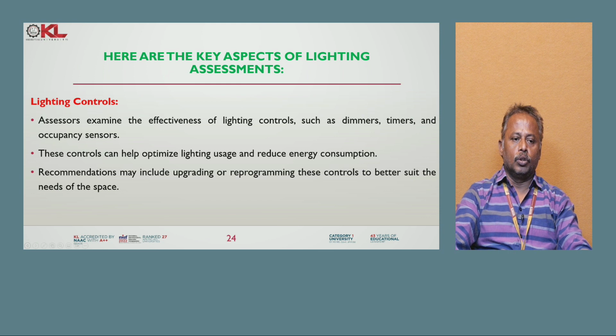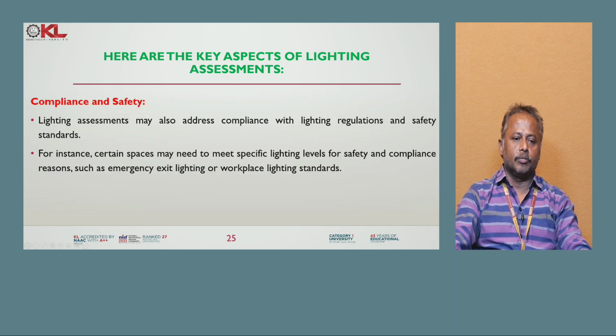Next, lighting control. The assessor examines the effectiveness of light controls such as dimmers, timers, and occupancy sensors. These controls help optimize the lighting usage and reduce energy consumption. Recommendations include upgrading or reprogramming these controls to better suit the needs of the space.